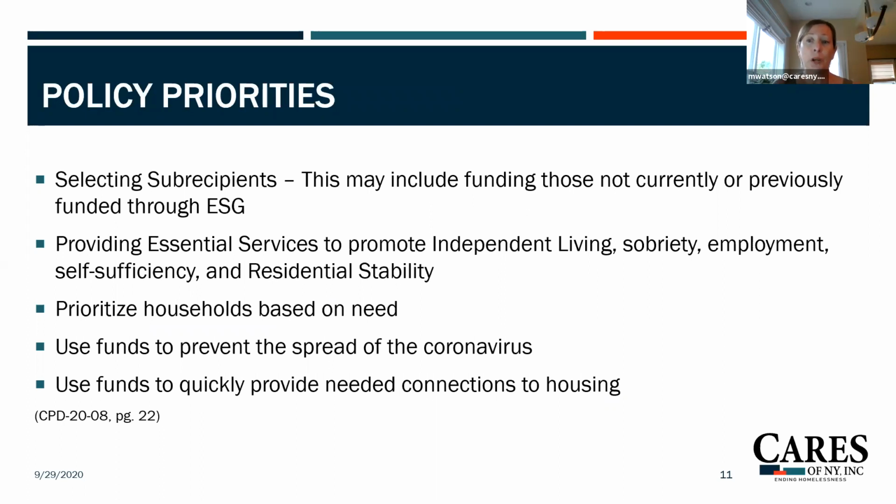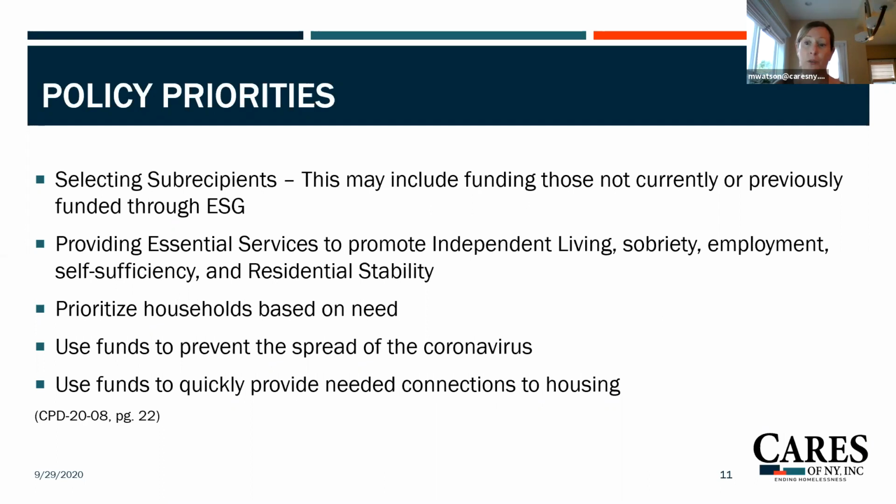We also want to make you aware of some of the policy priorities HUD emphasizes in the regulations. First, subrecipients may include agencies not currently or previously funded by annual ESG awards. Also, HUD encourages a focus on supporting participants in obtaining independent living, sobriety, employment, self-sufficiency, and housing stability.